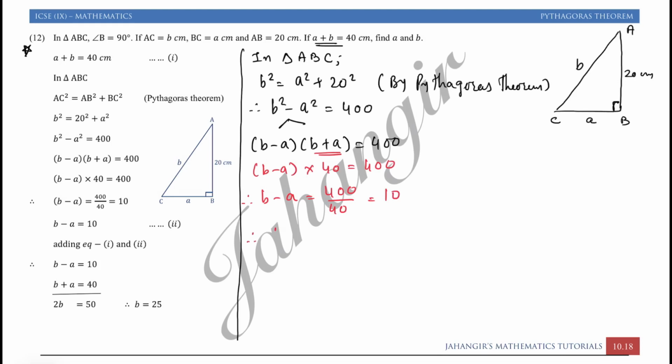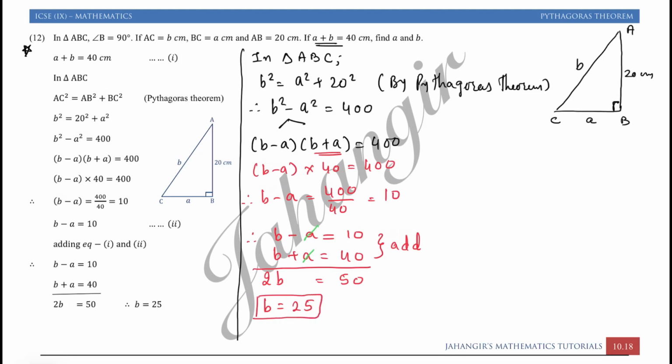So therefore my first equation becomes B minus A is equal to 10, and one of the equation is given as B plus A is equal to 40. We can add both equation. As we had learned this in simultaneous equation, we can cancel plus A minus A. 2B is equal to 50, B is equal to 25 because it's 50 divided by 2.